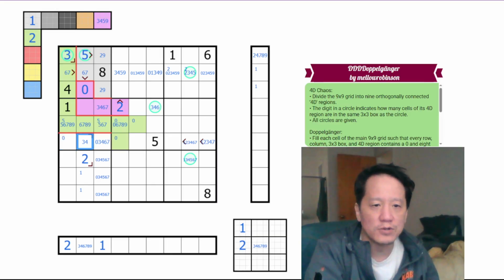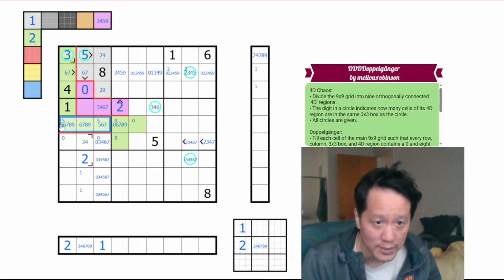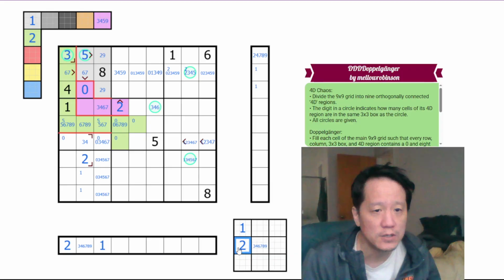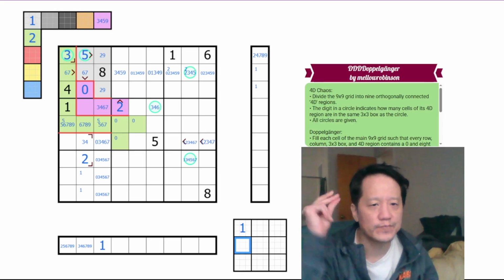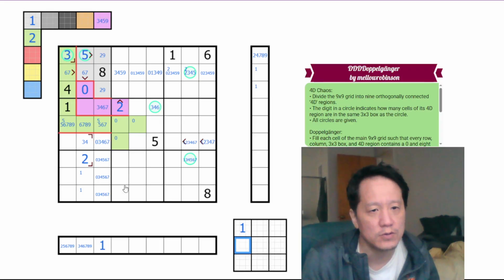So we know 0 in box 4 has to now be one of these two. Because it cannot be here, because it would be missing a 2. Wait. Okay. If we assume it's missing a 2 in box 4, then one of these is, well, right. Okay. That's interesting.